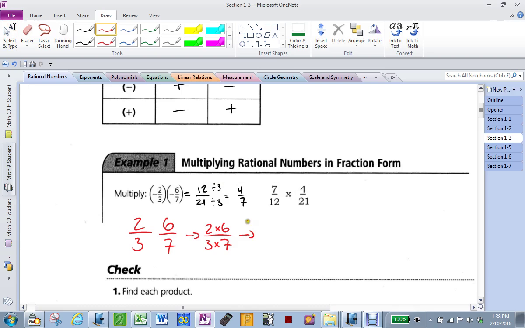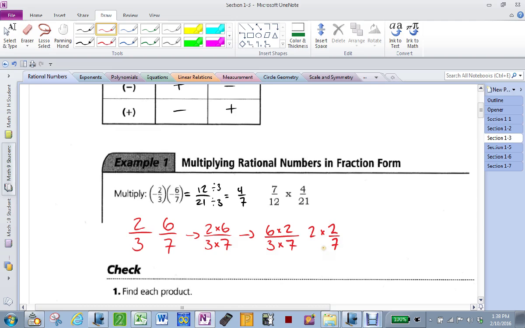So can I change this order to 6 times 2 over 3 times 7? Well, 6 over 3, what's that? 2, isn't it?